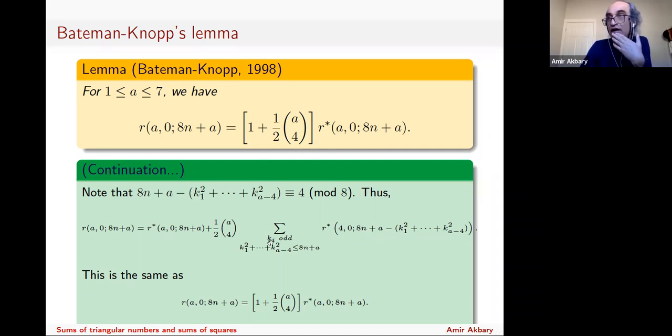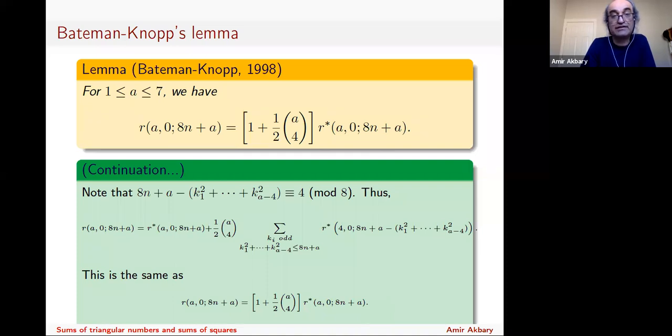Here, everything is odd, and if you think a little bit, this sum is exactly the same as the number of ways that we can write 8n plus a as a sum of a odd squares. So therefore, this sum is going to be the same as R star of a of 8n plus a. If you factor it, you get the result of Bateman-Knopp.